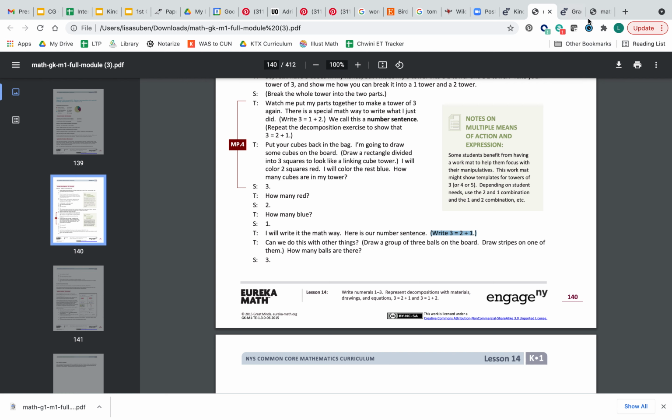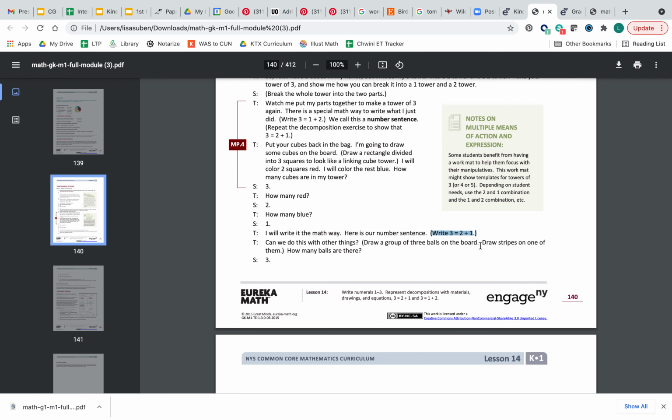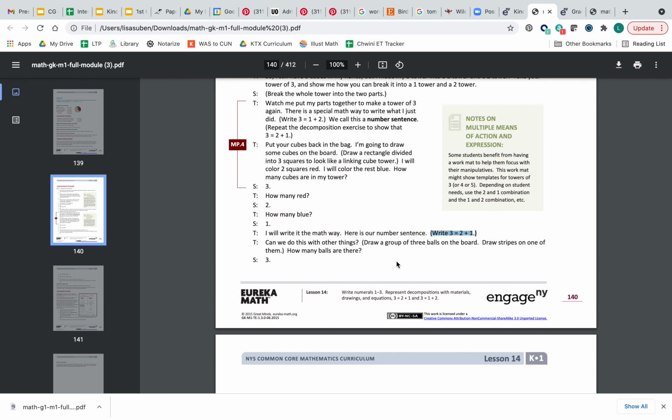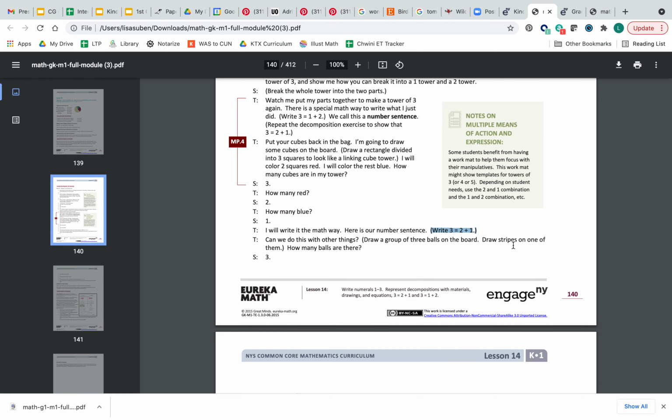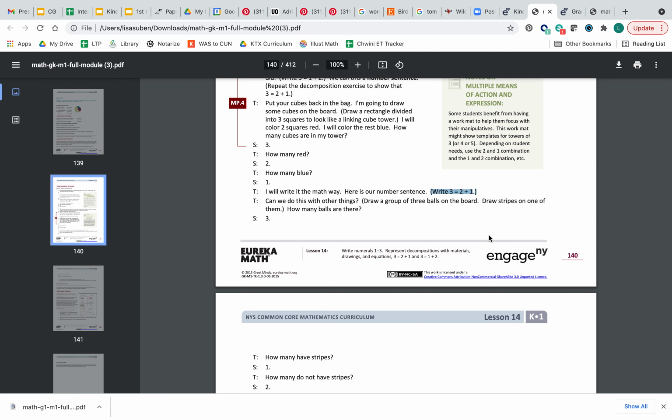Knowing what the exit ticket looks like, I probably also need to write it in words. I probably need them to also type here, 3 is the same as 2 and 1, so that they see it that way. And I would probably say here, we don't say 3 equals 3 and then whatever comes doesn't matter. We look at everything on this side of the equal sign and everything on this side of the equal sign.